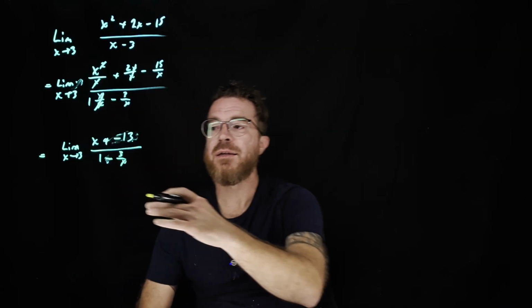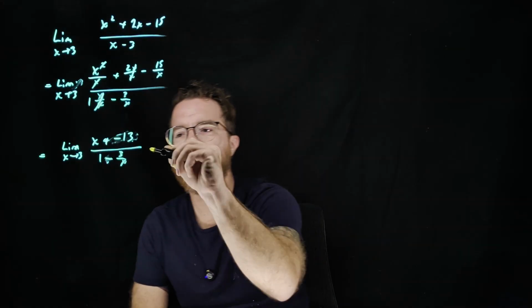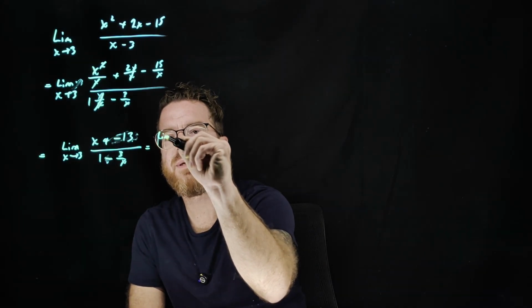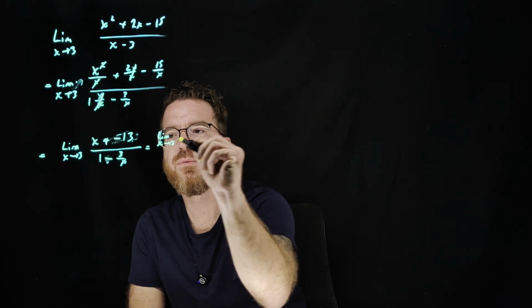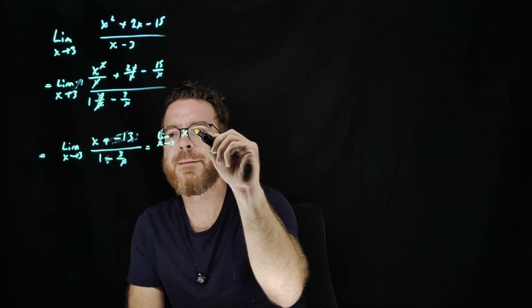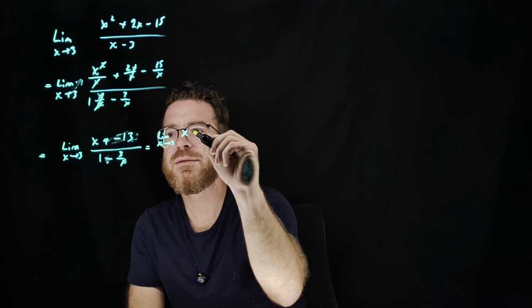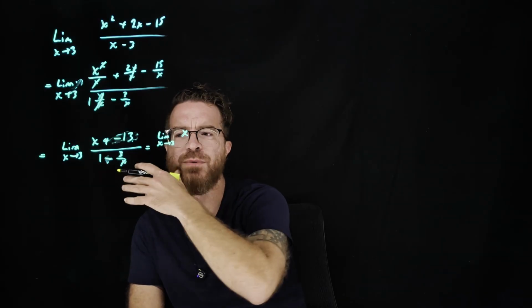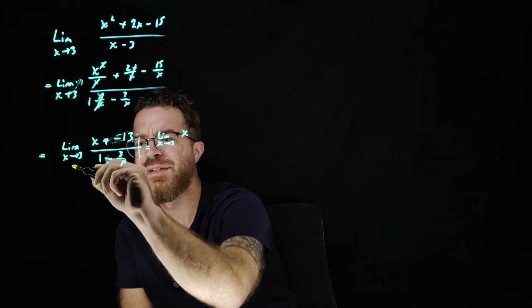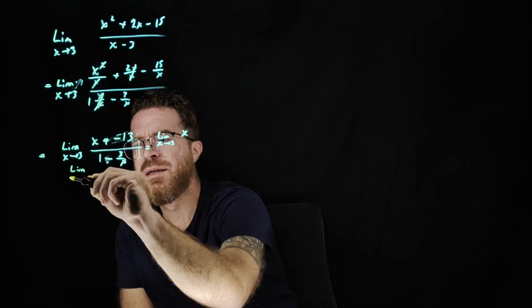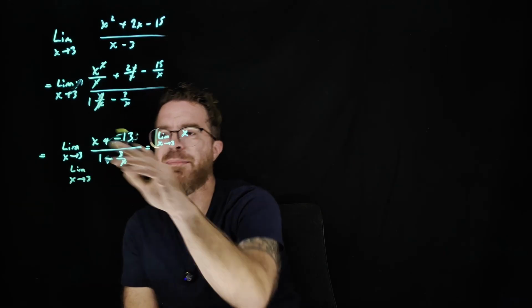And then I'm going to take the limit of the numerator divided by the limit of the denominator. Oh, sorry, that was actually what I meant to do in that first step. It was supposed to be the limit of the top over the limit of the bottom. So for this step, I'm now going to split it.